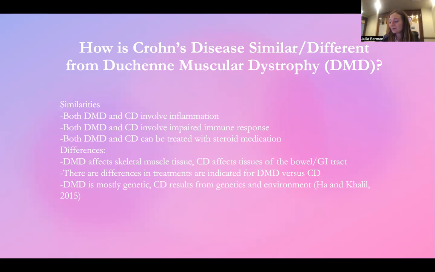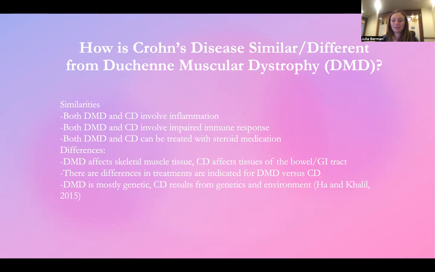And also there are similar clinical trials. For DMD, many clinical trials focus on gene therapy, such as exon skipping therapy and adeno-associated viral vector gene replacement therapy, as well as stem cell therapy. However, the association of Crohn's with genetics is more vague and less is known about that.